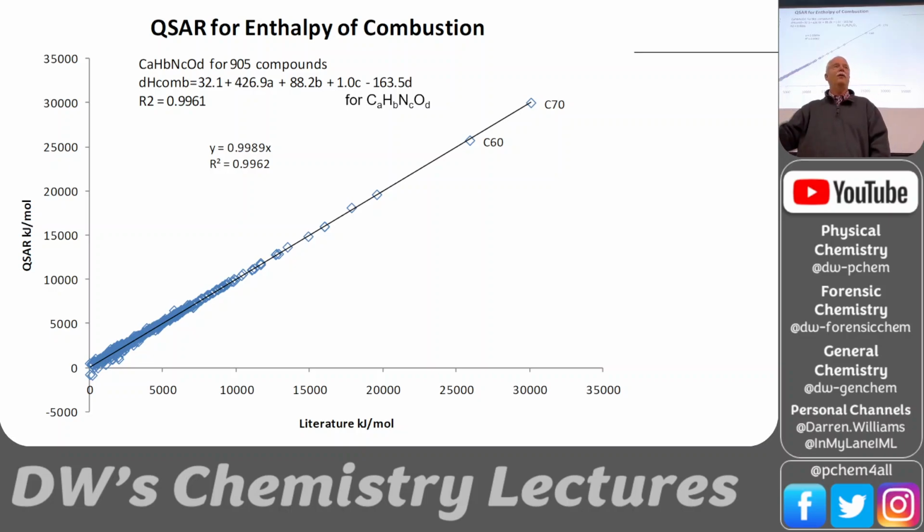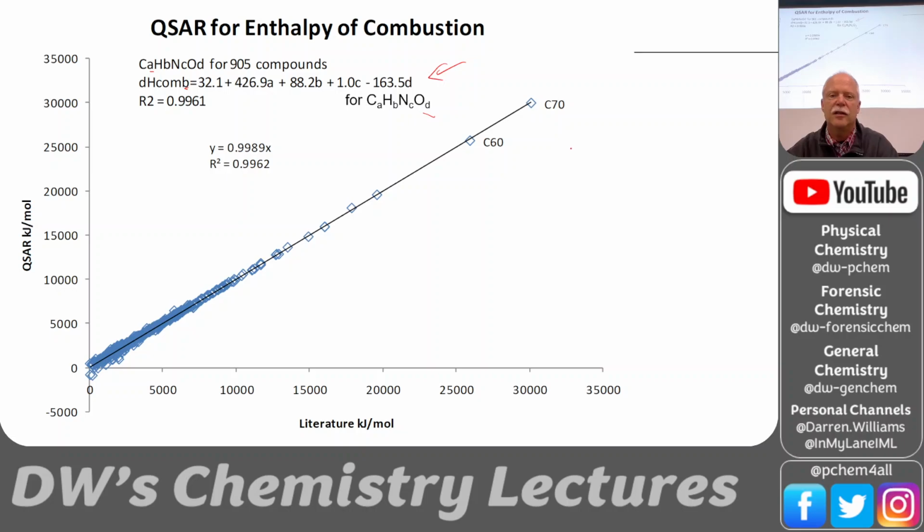If I've got more carbon atoms than this other person, then I'm going to have a different structure. So there's some structural information in there. And we get an R squared of 99.62. That's pretty good. This is our equation for enthalpy of combustion in kilojoules per mole.